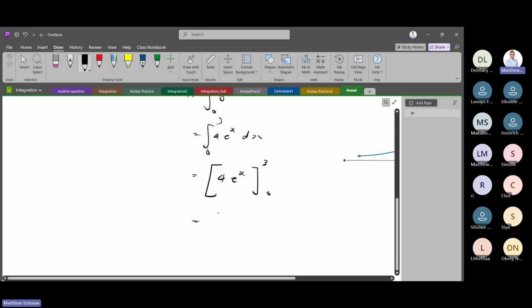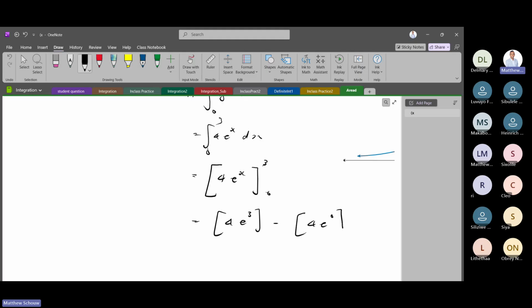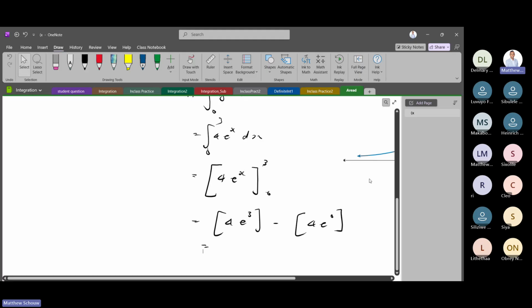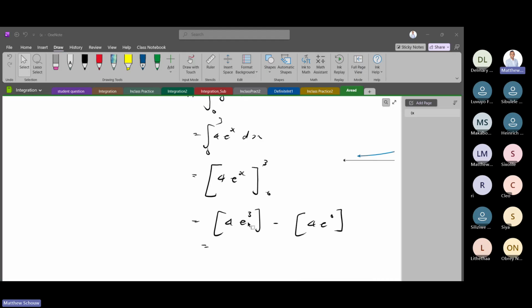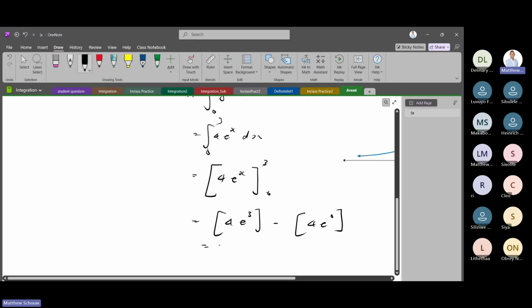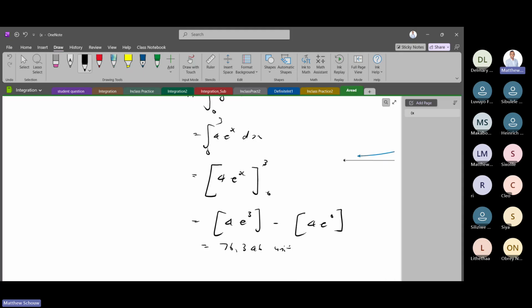If we do that, that's going to be 4e to the power 3 minus 4e to the power 0. I'm assuming we can all do it on a calculator. You subtract the two, and you should get an answer of around 76.346, I think, units squared. What's key here is to say units squared because you're dealing with an area.